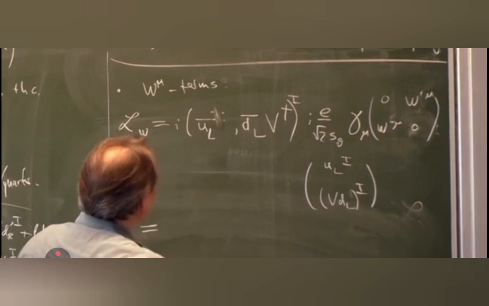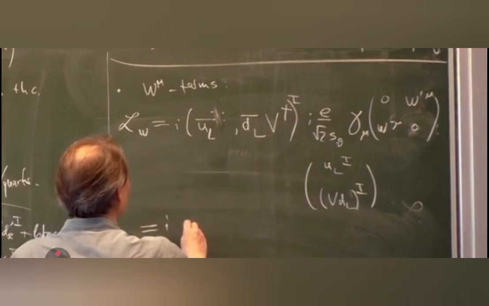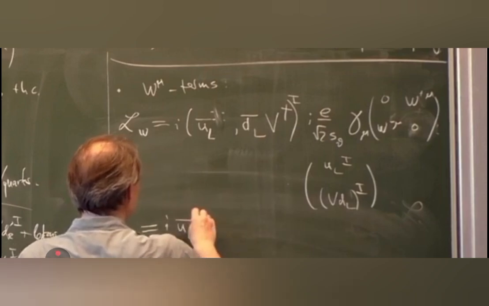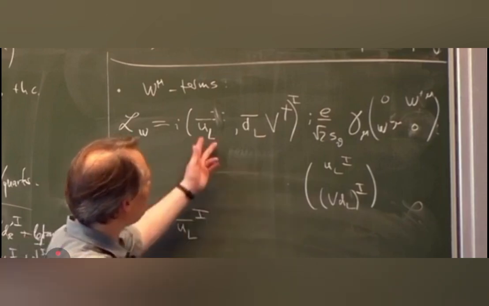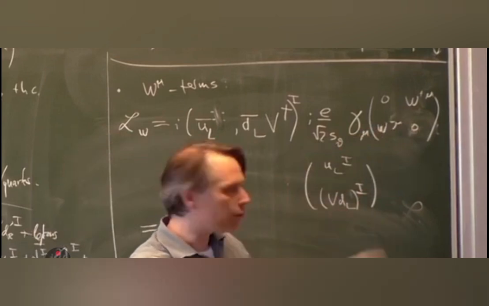And then if we just work out the individual terms, then we see that i times ū_L^i appears, this upper component gets multiplied with the W⁺ and this down type term.